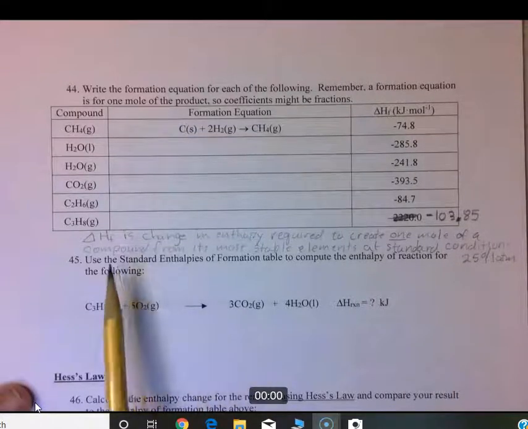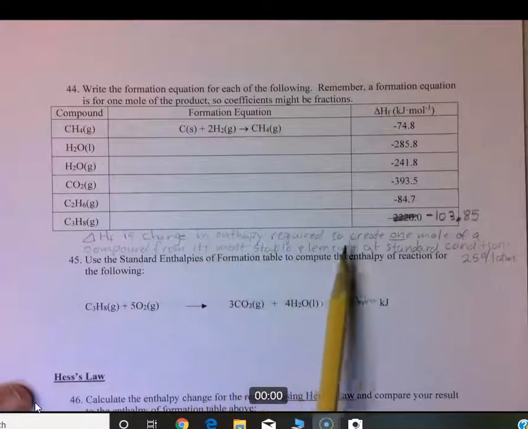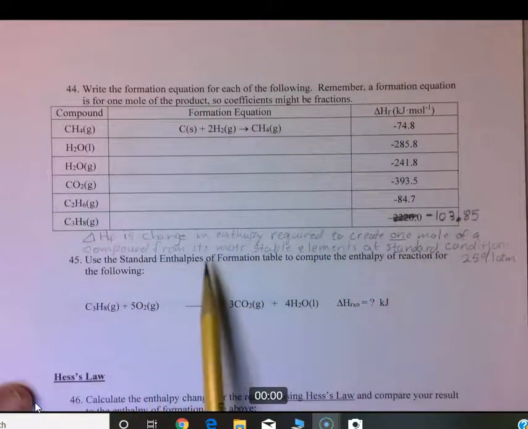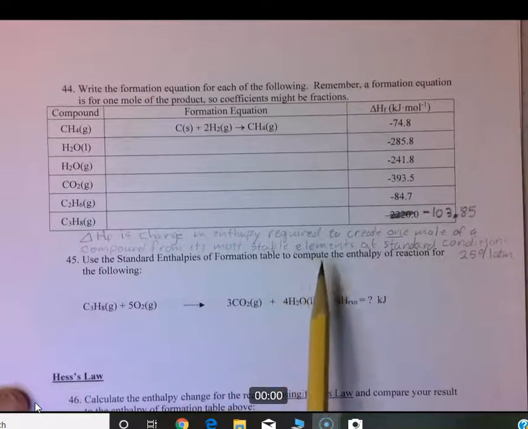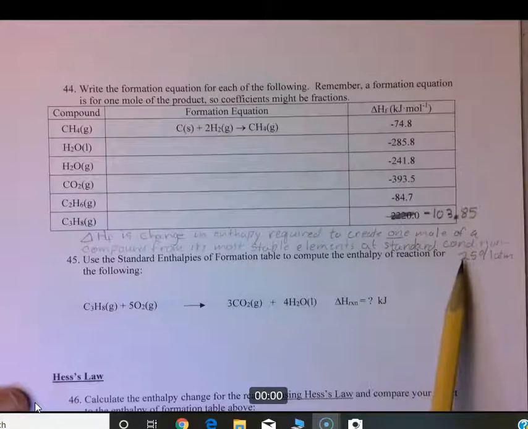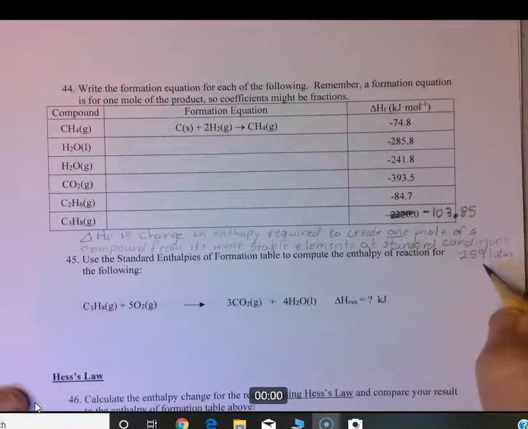Okay, so let's read that. So delta H is a change in enthalpy required to create 1 mole of a compound from its most stable elements, or elements in their most stable forms, at standard conditions, which is 25 degrees centigrade and 1 atmosphere.